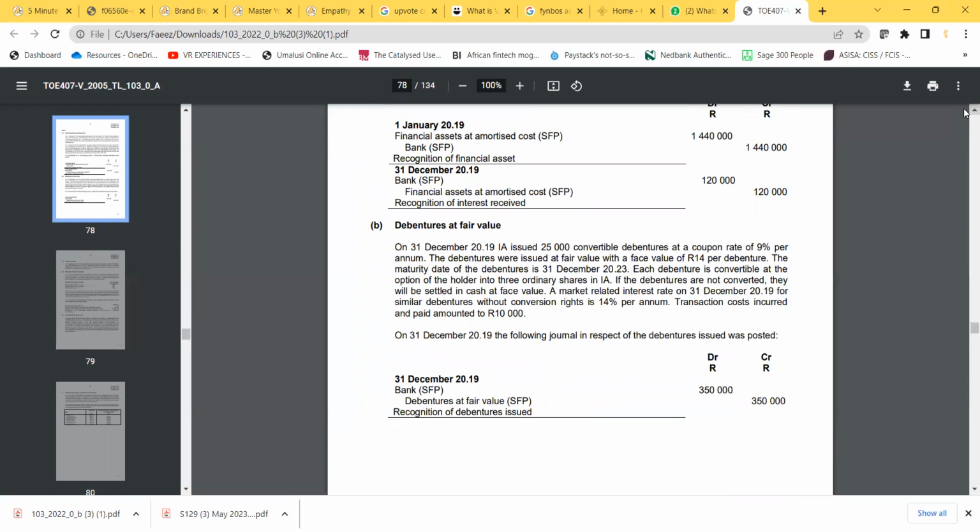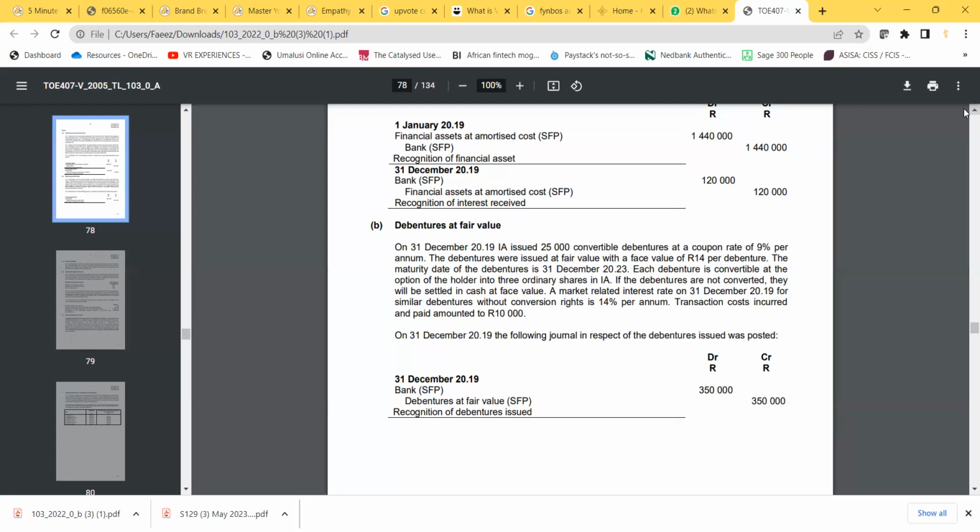When you issue a financial instrument, you'd either have an equity instrument or a financial liability. So you need to first identify whether you have an asset, liability, or equity. How do you know if it's a financial asset? It's when you purchase an item. How do you know you have a financial liability or an equity instrument?